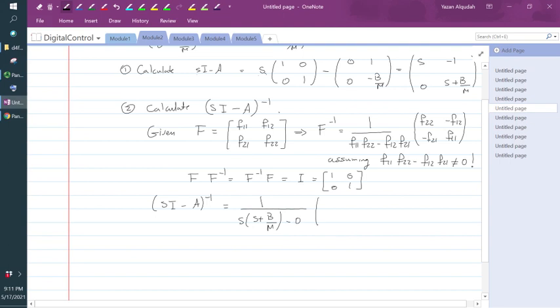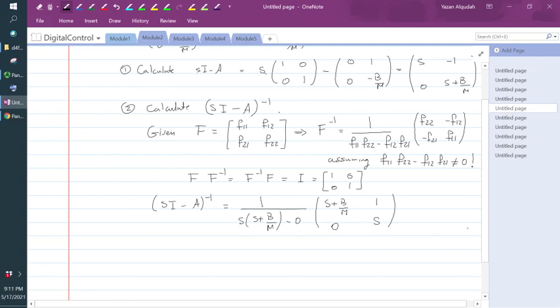And then I'm going to reconstruct this matrix by swapping, so s plus b over m, and this is going to be an s, and then I'm going to multiply by a minus sign the 1 and the 0. The 0 is going to stay a 0, and the negative 1 is going to become a 1.